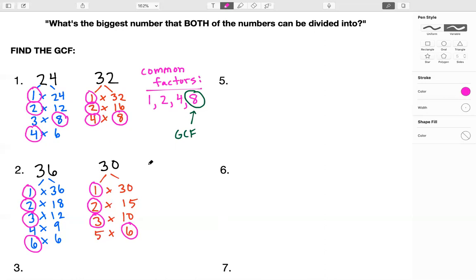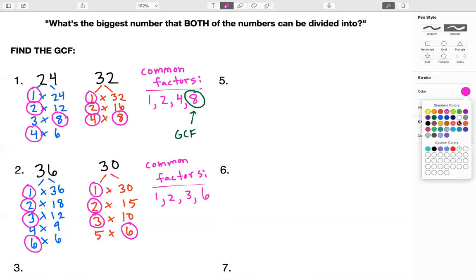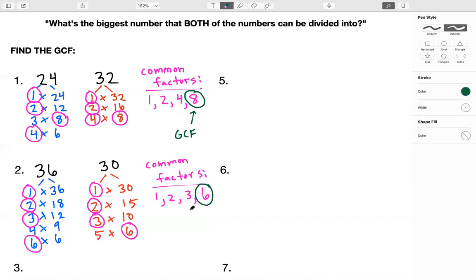So again, our common factors, I'll write this down. I won't write this down every time. Are 1, 2, 3, and 6. Clearly, the greatest one of all is, be consistent in the color, 6. So 6 is our greatest common factor.